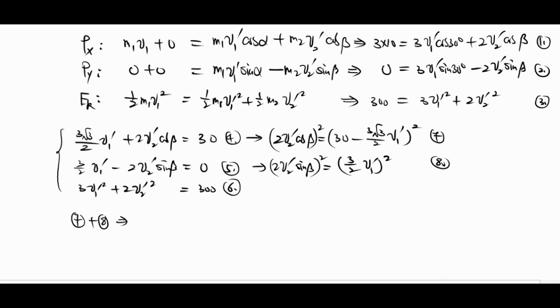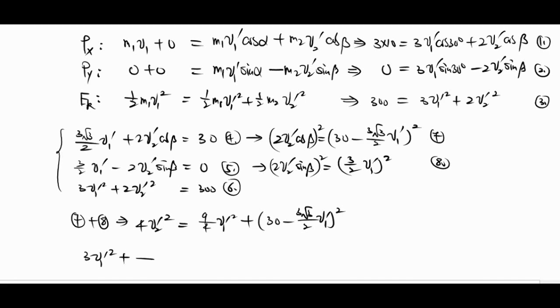So then on the left side, using the Pythagorean identity, that will be 4 V2 prime squared. On the right side, we just copy down. So it's 9 over 4 V1 prime squared plus 30 minus 3 root 3 V1 prime, squared. And then we can plug V2 prime into equation 6. What we get is 3 V1 prime squared copied down plus, this is 2, here is 4, so you divide by 2.